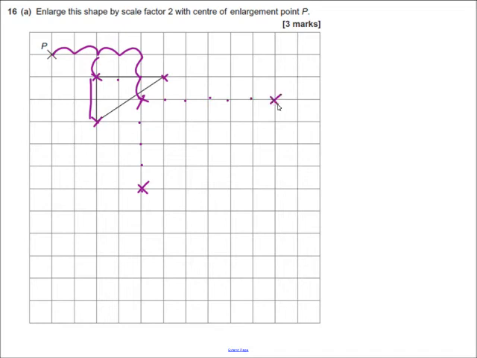So it now lives there on our enlargement. And we have enough points to reconstruct our enlarged triangle, our image. And it looks like that. So this new triangle shows an enlargement of our original triangle using the enlargement point P.